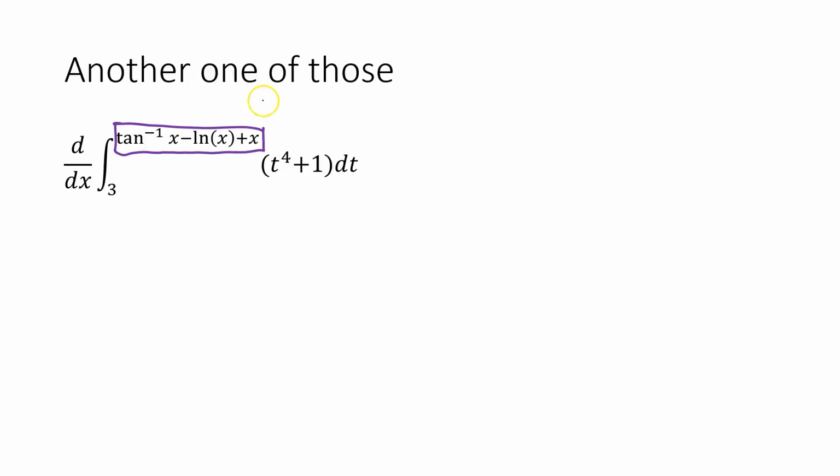All right, let's see how it went. So we're going to take this, we're going to dump it in for t right there. And then we're going to multiply by the derivative of the baby function, which is this whole mess with the x. So the derivative of this will be, I need some parentheses here, I think, tan inverse of x minus ln x plus x all to the 4th power plus 1.